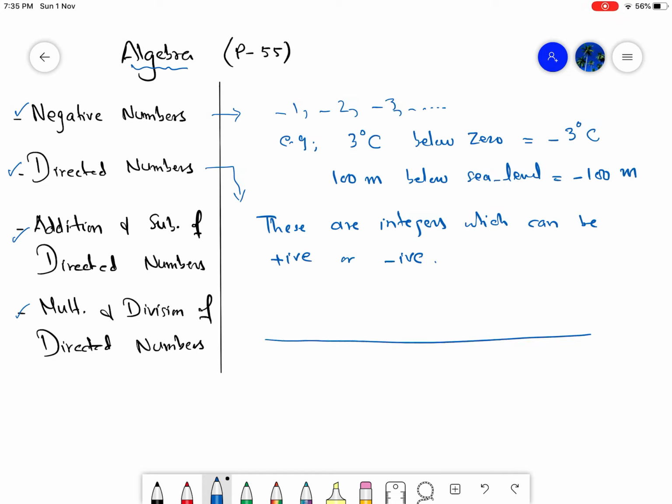You can easily represent such numbers on a number line with 0 in the center of the line and positive numbers on the right side of the line, 1, 2, 3, 4, 5, so on and so forth, and negative numbers on the other side of the 0, -1, -2, -3, -4, -5, so on and so forth. So this is the basic way of representing directed numbers.